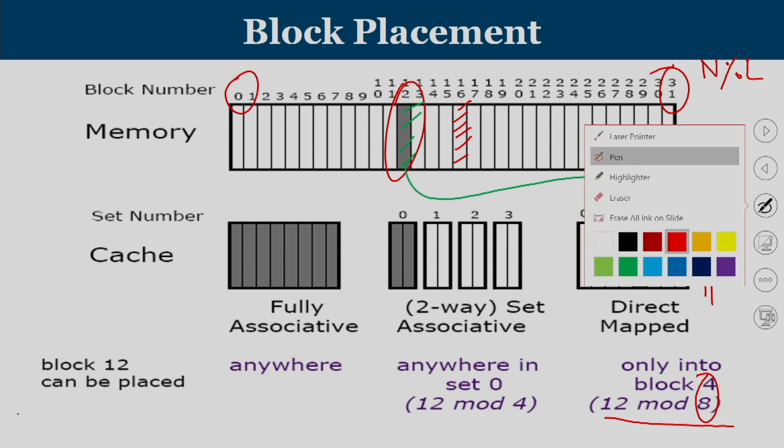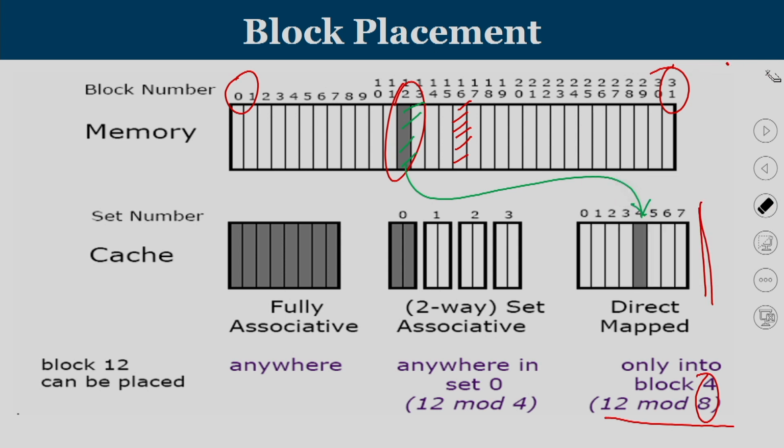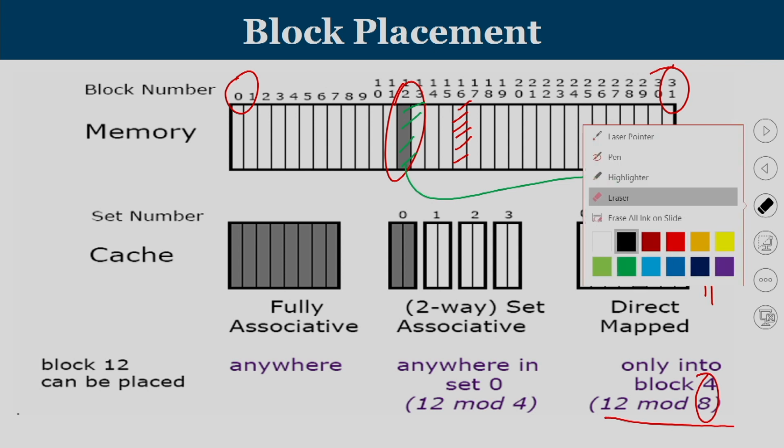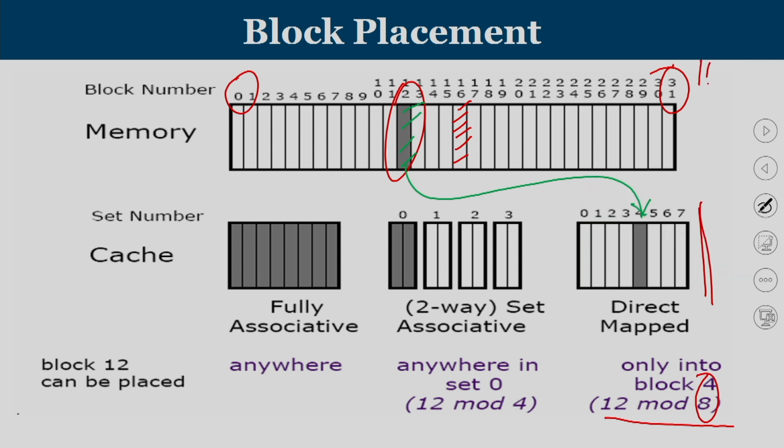Consider the case we are going to talk about block number 16. We have to find out the mapping of block number 16. As per this function, 16 mod 8 is 0. So, block number 16 will be mapped to the 0th block. Similarly, the 24th block also will be mapped to 0.